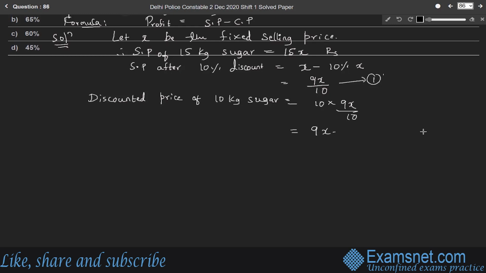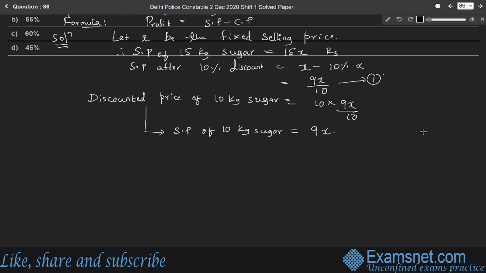So this is nothing but selling price of 10 kg sugar after discount of 10% is given. Here selling price of 10 kg sugar is 9x.